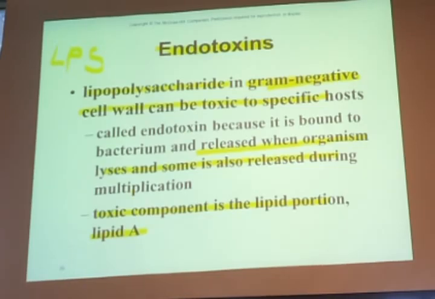So if you knew this as a clinician, you wouldn't give somebody a bactericidal antibiotic. You would give them a bacteriostatic antibiotic to prevent organisms from growing, not necessarily kill them off. They will die off. But this is part of the reason why people can go into shock with some of these types of infections, when all of that is released at one time.